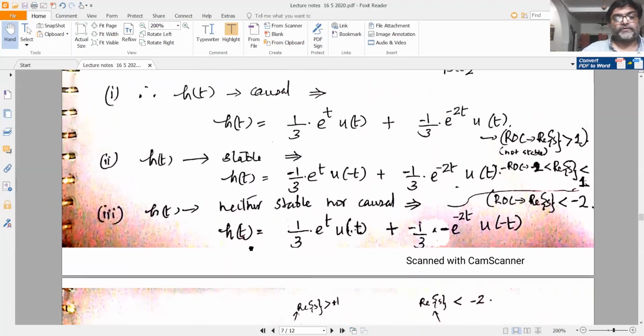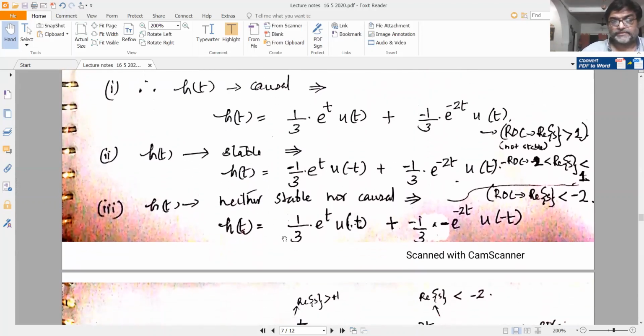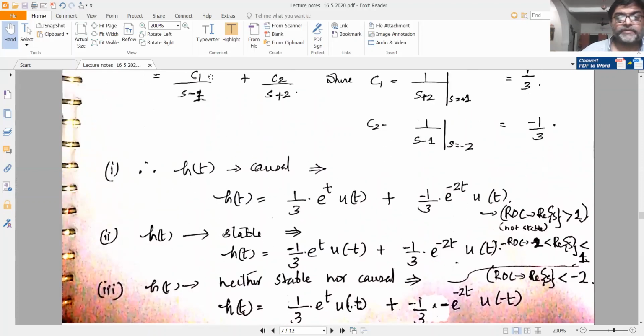Now, for the third case, when the system is neither stable nor causal, obviously the region of convergence should not include the j omega axis. So what will be h of t? This part will be giving you a causal sequence because the region of convergence starts from 1 to infinity, and this part has to be an anti-causal sequence.